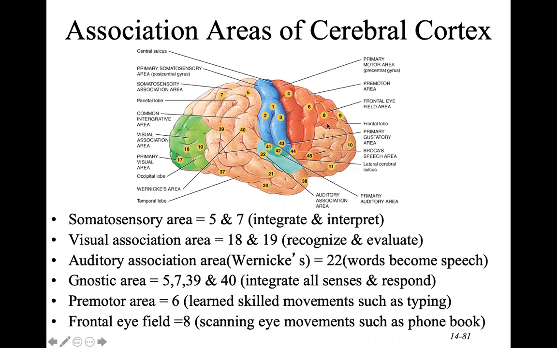Number 8 in here in the frontal lobe, it's the frontal eye field. So if I say to you, look at my thumb, and I want you to follow this, these are called pursuits, right? If you can pursue and follow my thumb as I go left to right, I know the frontal lobe is working pretty good.